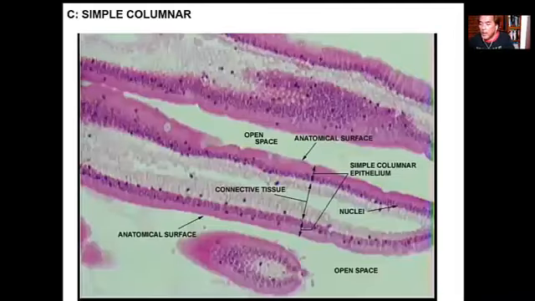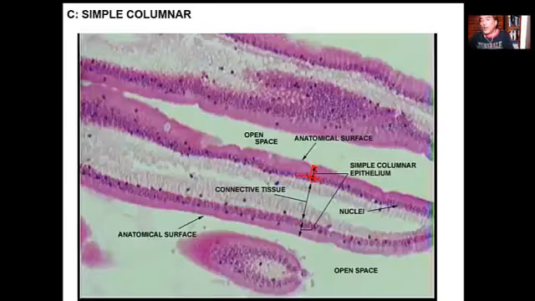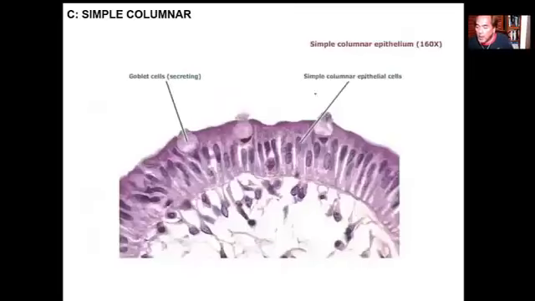Again, this is how it looks from a further view, but it is the same: one layer with nuclei, columnar. My exam is going to be more magnified compared to the pictures we have here. Now again, simple columnar, one layer, elongated cells. These are glands mixed with that epithelium, so they secrete mucus.